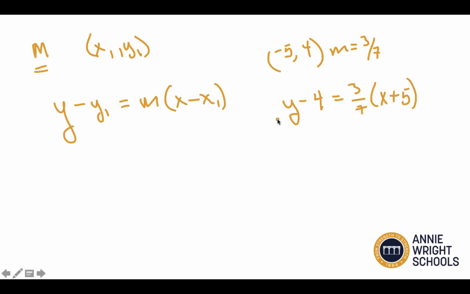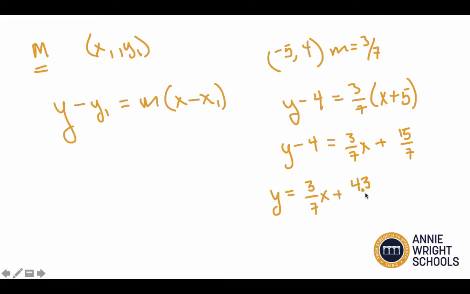Good? Now if you wanted to, you could distribute that 3/7, get y minus 4 equals 3/7 x plus 15/7. Then you could add 4 to both sides. Adding 4 is really adding 28/7. So now I get y equals 3/7 x plus 15 plus 28.